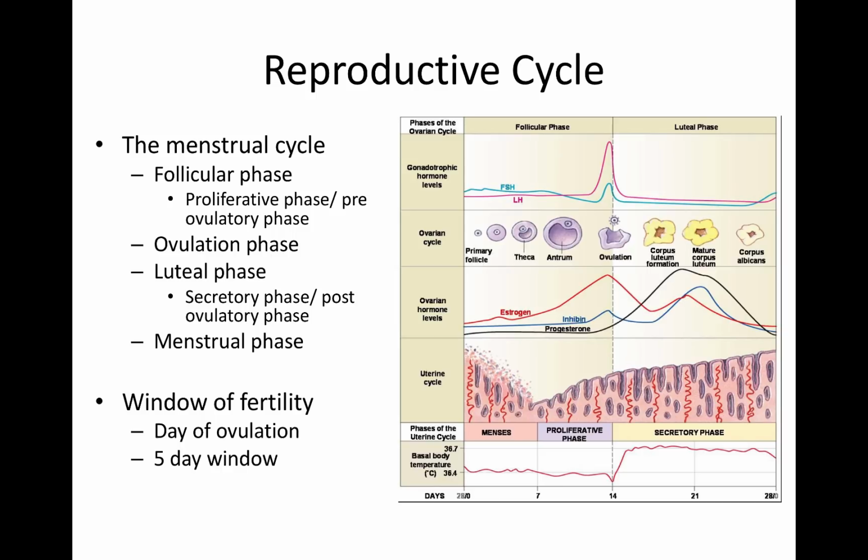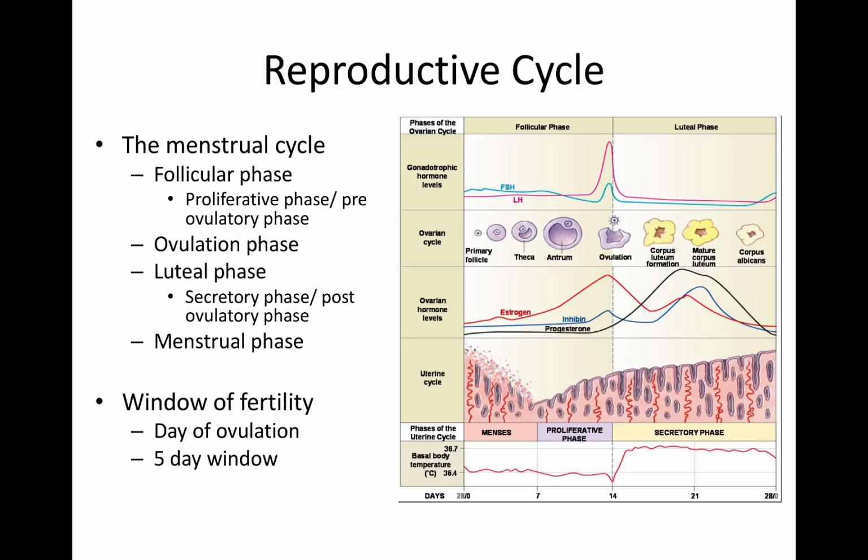The maximum level of LH during the mid-cycle is called the LH surge, and you can see that there with that pink line surging up around day 14. The LH surge induces rupture of the follicle, thereby releasing the egg. This is also called ovulation. Ovulation will occur on day 14 with the release of the egg from the ovary.